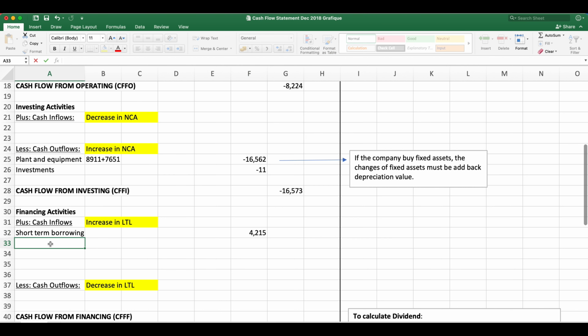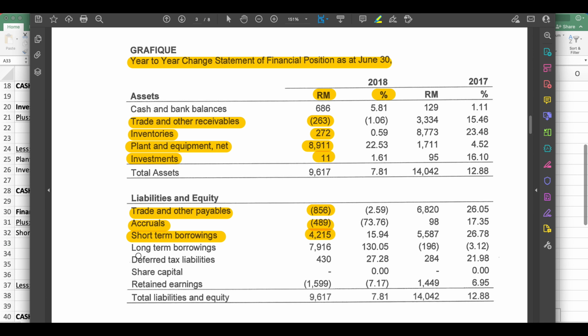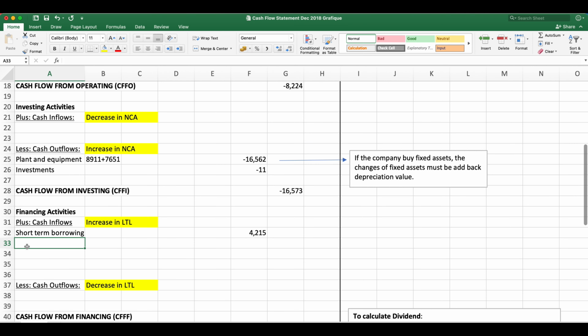And then next, we have long-term borrowings, also increased by 7916. So an inflow for us. Long-term borrowing also increased, meaning to say we are receiving the money comes in. The changes is by 7916.